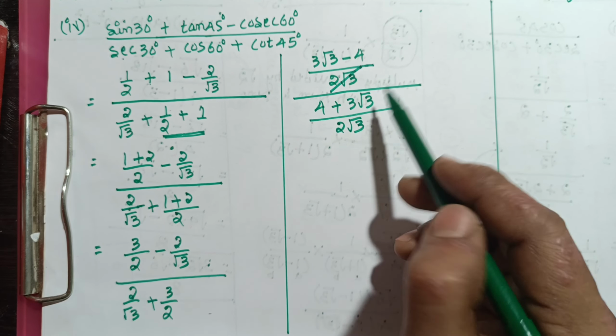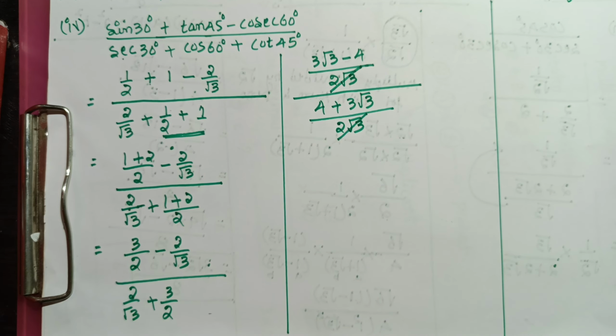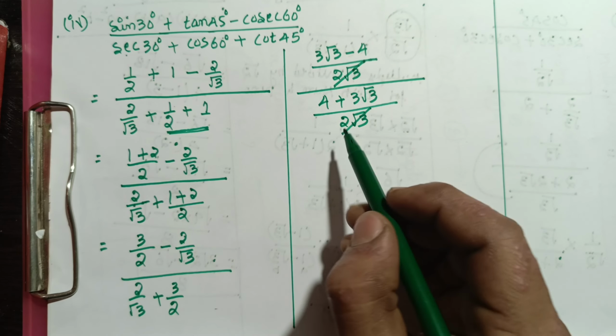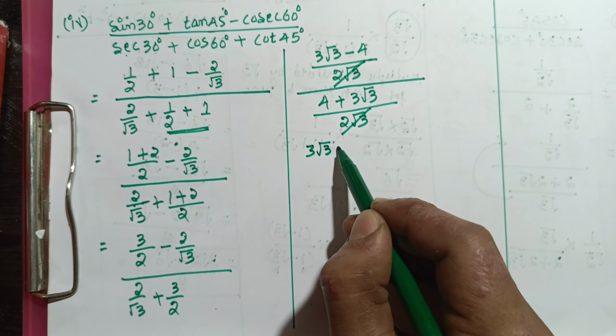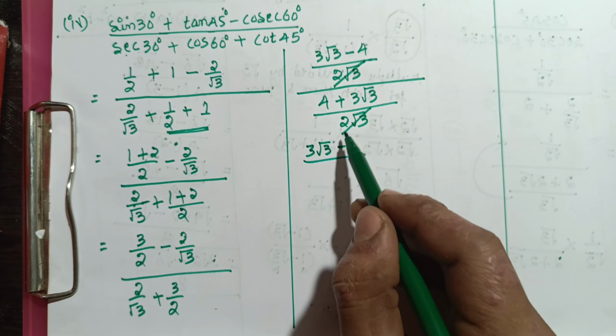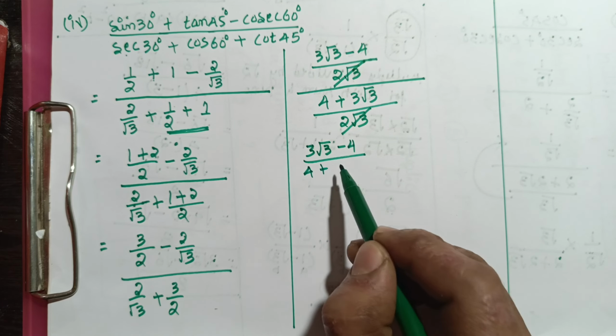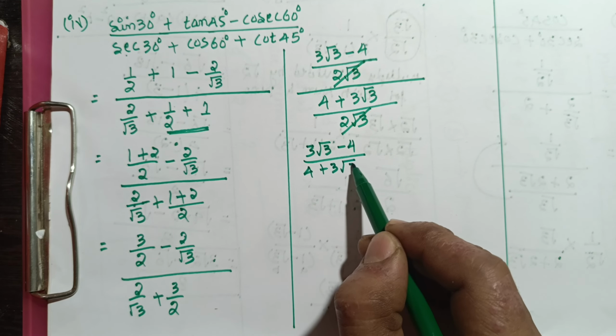See, this 2 root 3, this 2 root 3 is going to get cancelled. The remaining terms in the numerator 3 root 3 minus 4 divided by 4 plus 3 root 3.